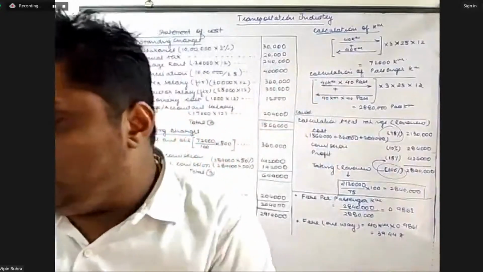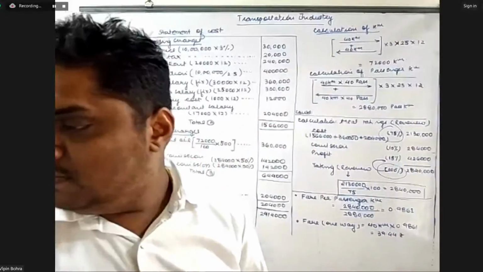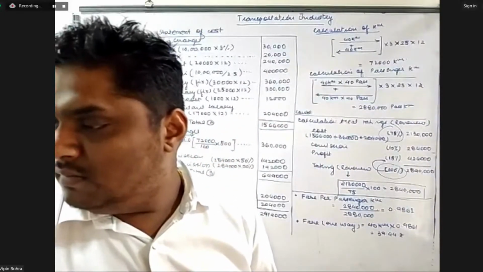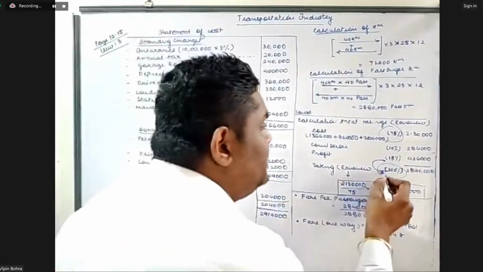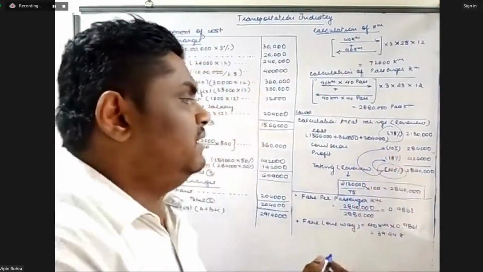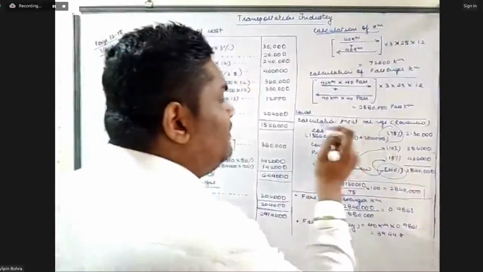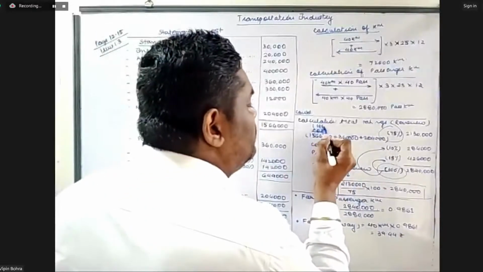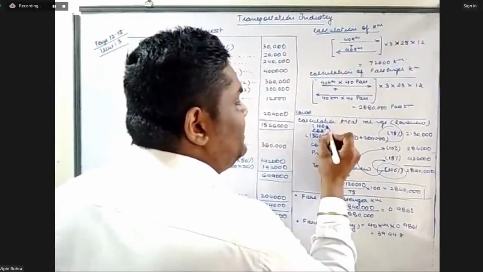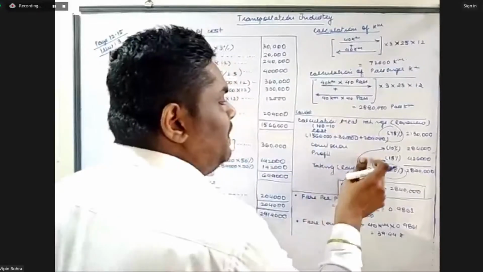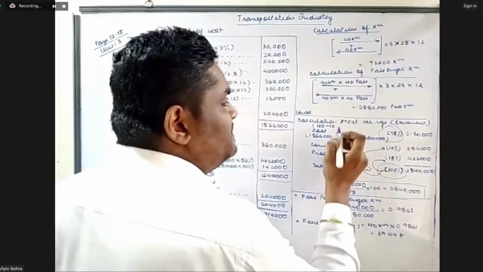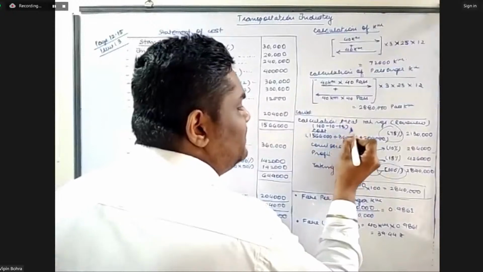How much will be the commission? That is 10% of the total revenue. So how much will be my cost? See, 100 is the total revenue, minus 10% commission and 15% profit.